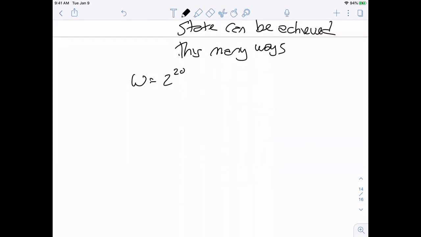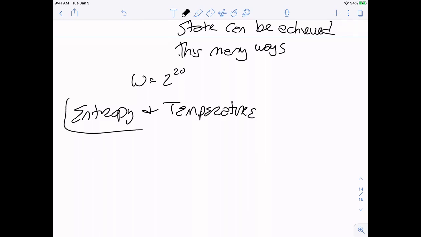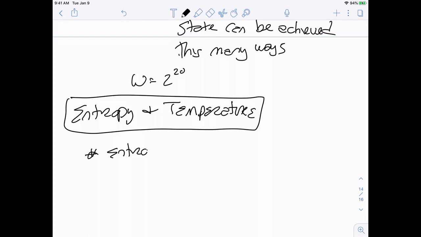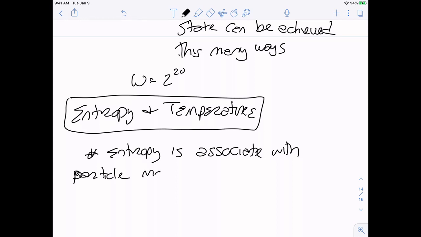I do want to throw temperature into the mix, so entropy and temperature. We did say in the last video that as temperature increases, entropy also generally increases. So entropy is associated with particle motion, just in general. When we were talking about the more bonds we had, we had an increase of entropy because there was more bond stretching, that sort of thing.